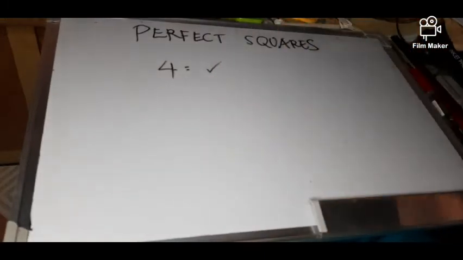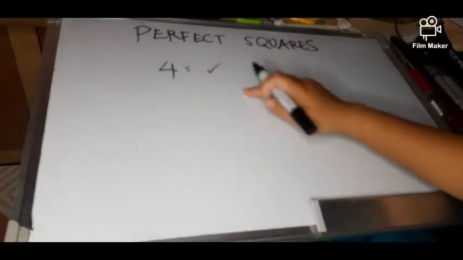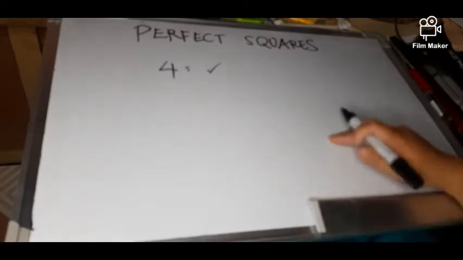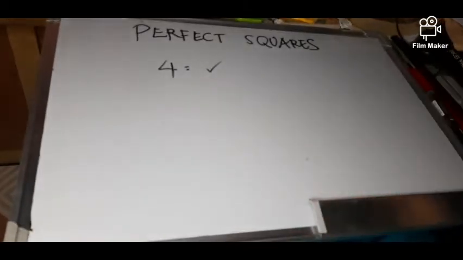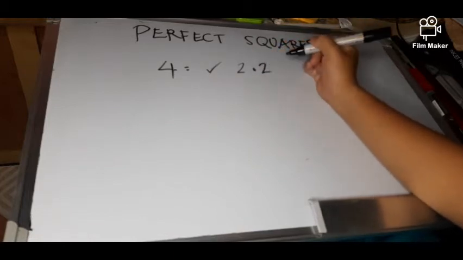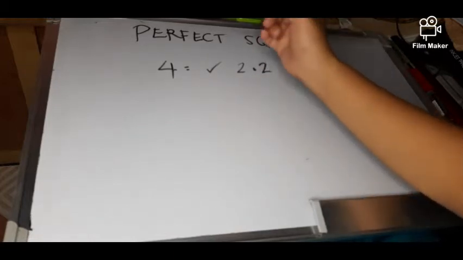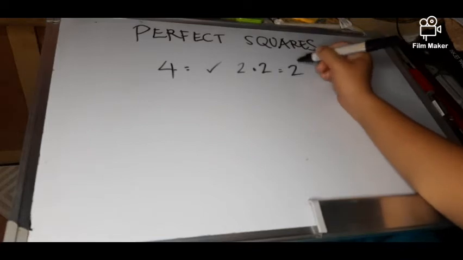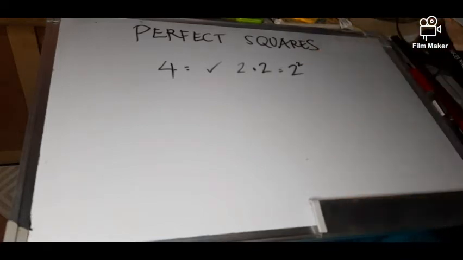So, how will we know if this is a perfect square? Just simply think of two numbers na identical sila or magkamukha po sila na kapag multiply mo, it is equivalent to number 4. Very easy. 2 multiplied by 2. So, the answer is 4 or just simply write 2 squared. Okay?